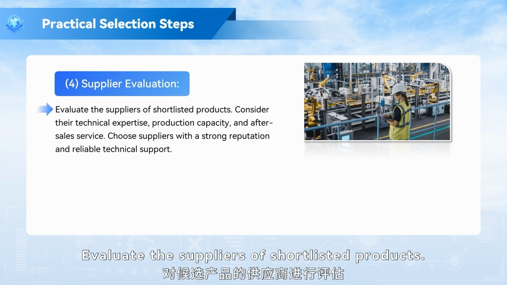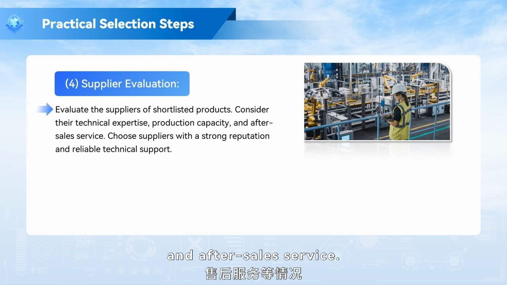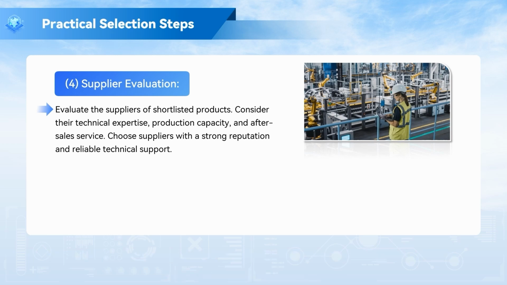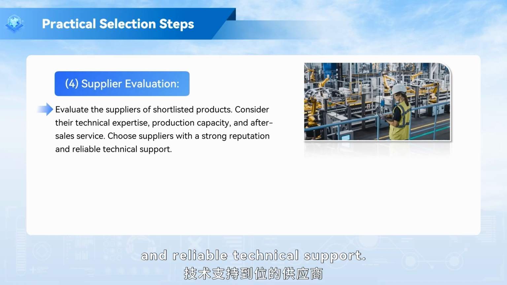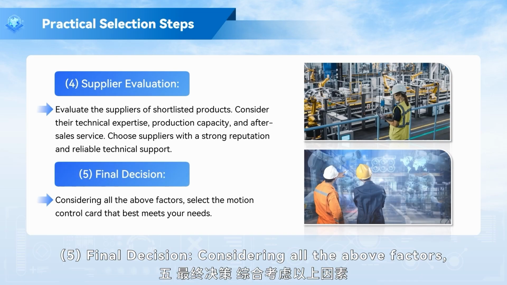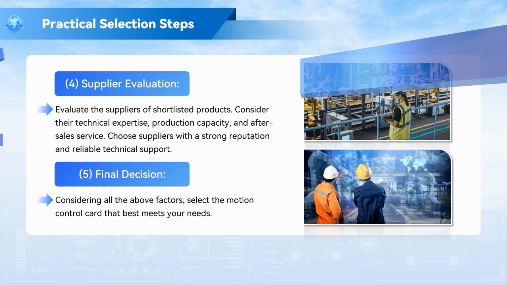Evaluate the suppliers of shortlisted products. Consider their technical expertise, production capacity, and after-sales service. Choose suppliers with a strong reputation and reliable technical support. 5. Final decision. Considering all the above factors, select the motion control card that best meets your needs.